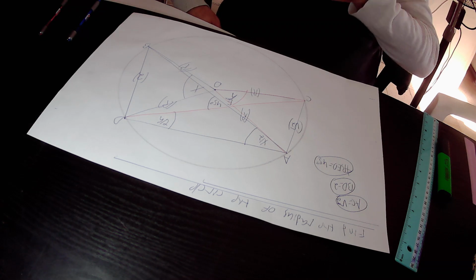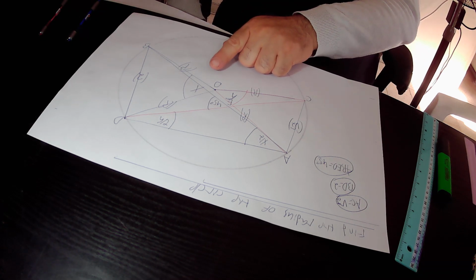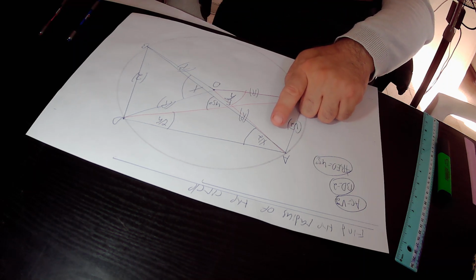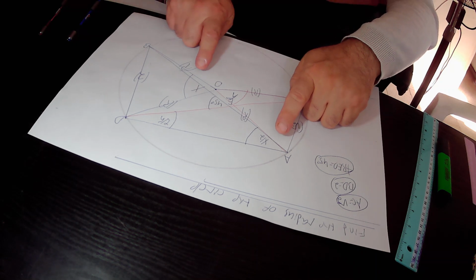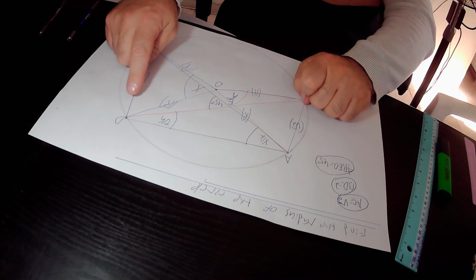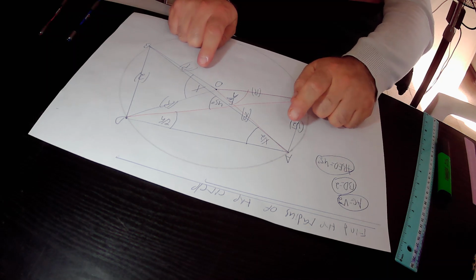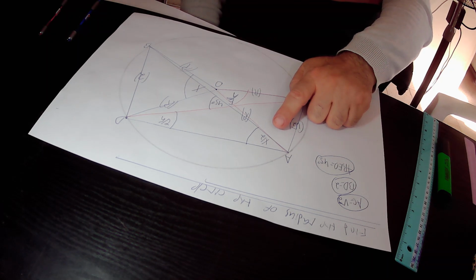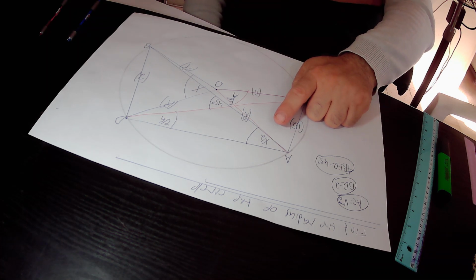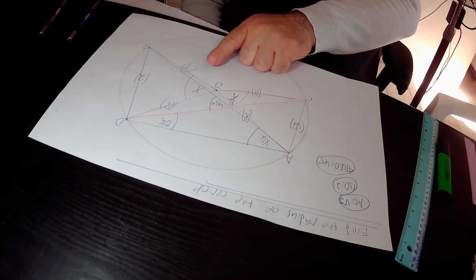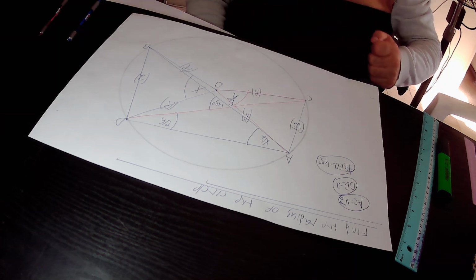According to rule 13, the size of central angle BOD must be twice as large as the size of peripheral angle DAB, because those two angles both subtend on the same chord DB. The size of peripheral angle BAD is x over 2, and therefore the size of central angle BOD that subtends on the same chord BD must be equal to x. Okay?